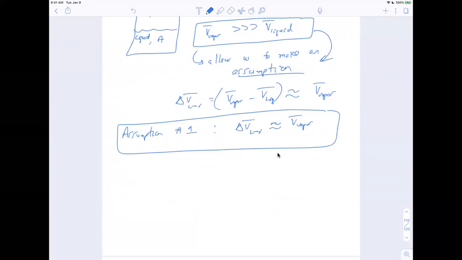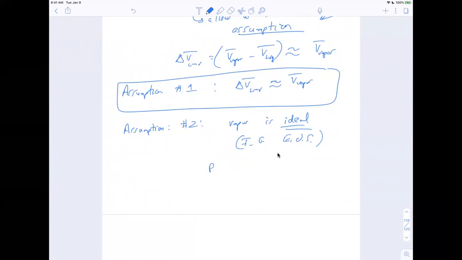And now we're going to make another assumption. Number two, vapor is ideal. Okay, so we are looking at the ideal gas equation of state, PV equals nRT. We know that molar volume is just V over n, which is equal to V bar.